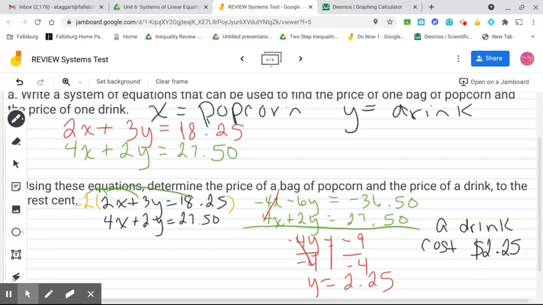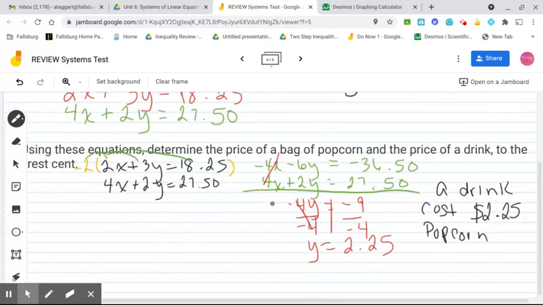Now we have to figure out how much popcorn costs. So we can start writing our sentence. Popcorn costs. Well, how we figure out popcorn is we take our Y and we plug it into either one of these equations. It doesn't matter here. Just pick one and plug it in.